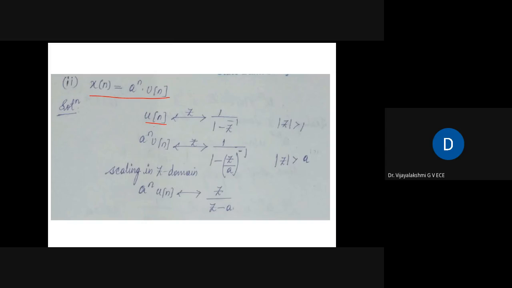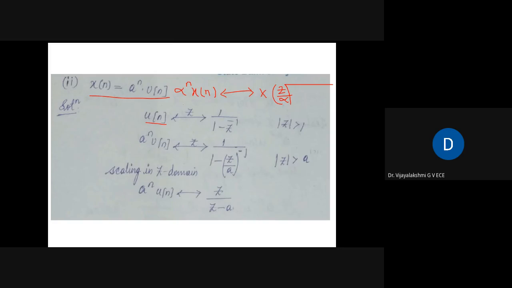Now to this u of n, if I multiply a power n, as per the scaling in the Z domain property, it says that if I multiply alpha power n with x of n in the time domain, in the Z domain its corresponding Z is scaled. Wherever Z is there, it becomes Z by alpha.